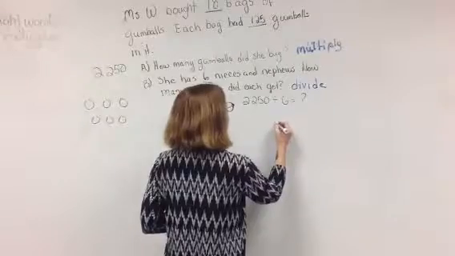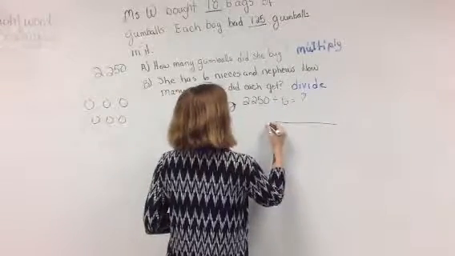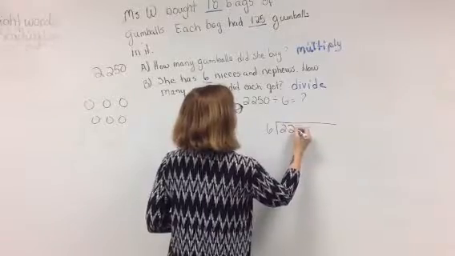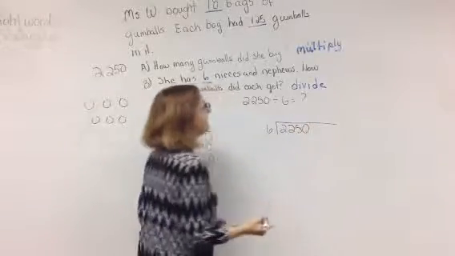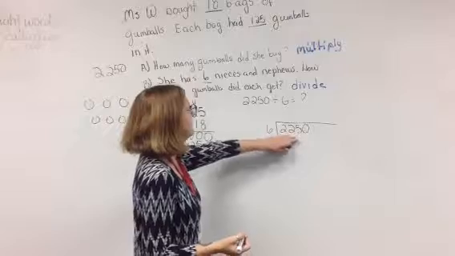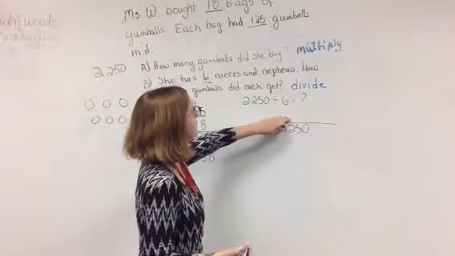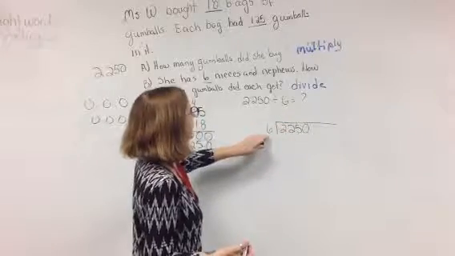I can write it out. 2,250 divided by 6. This is my dividend. This is my divisor. Up here I'm going to get my partial quotients.